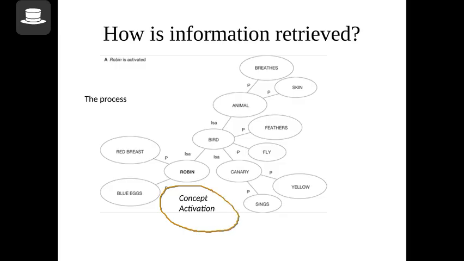In other words, whatever concept you're reading, that gets activated. If I say Robin, that gets activated. And the activated concept is shown here in bold letters, right? So there is one concept in your mind right now that is in non-bold letters, and it will get active once I say or take the name of that particular concept.